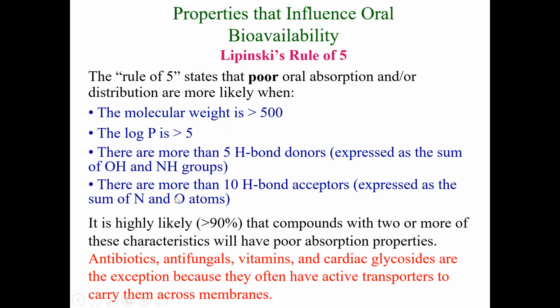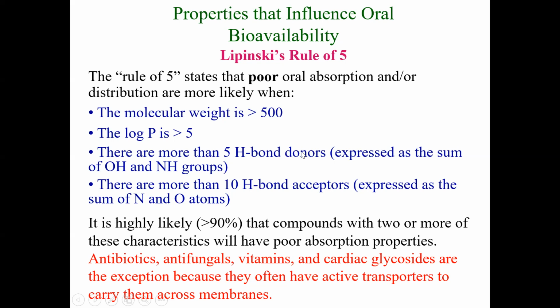You can maybe also just make a note for hydrogen bond acceptors. That is actually the sum of all N groups, all O groups, including OH, NH, and NH2 groups. So it's N, O, OH, NH, and NH2 are all hydrogen bond acceptors.